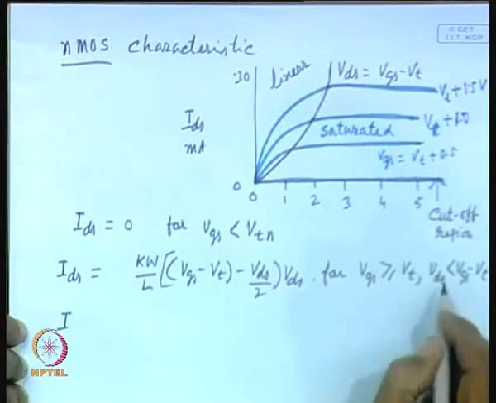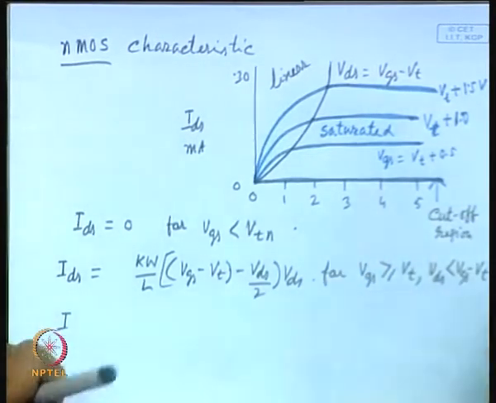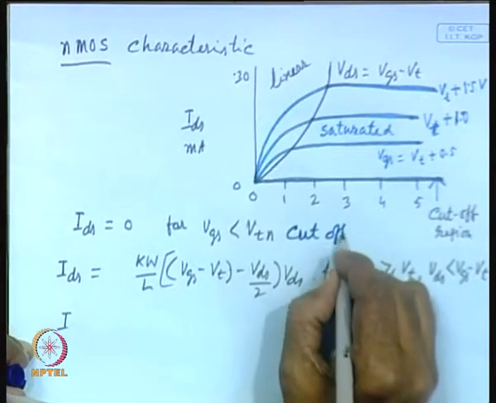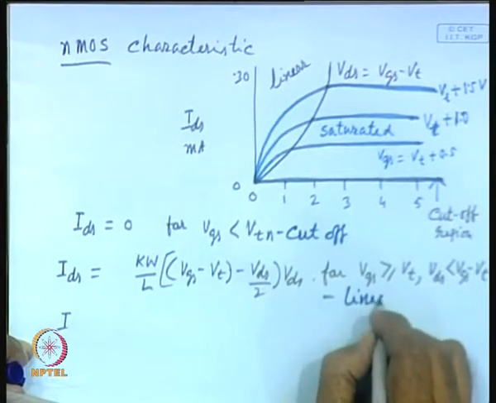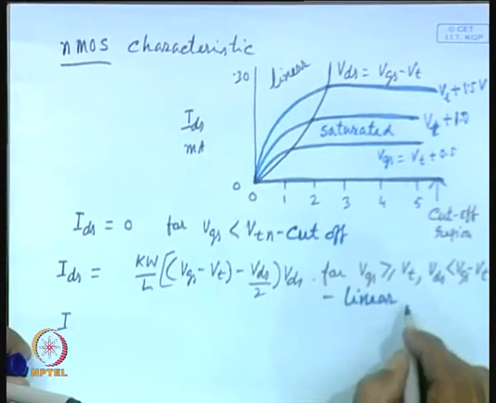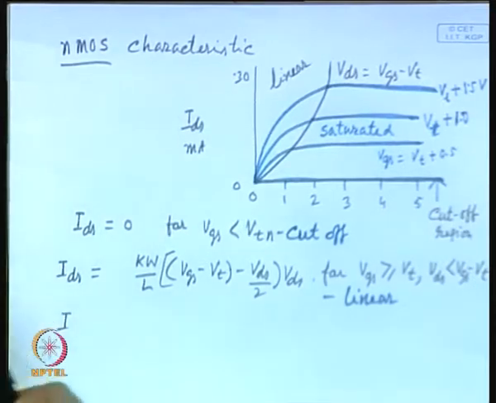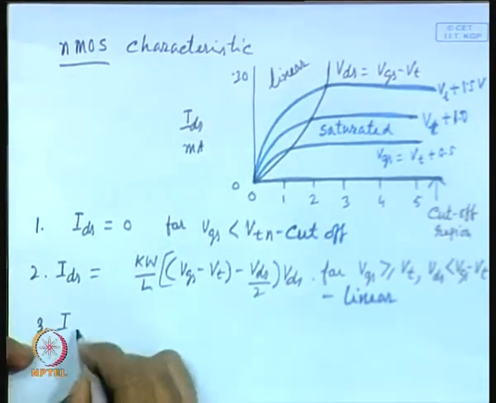So, for these two we call it linear region. This corresponds to the cutoff region, this corresponds to the linear, non-saturated region, and this corresponds to the third region.